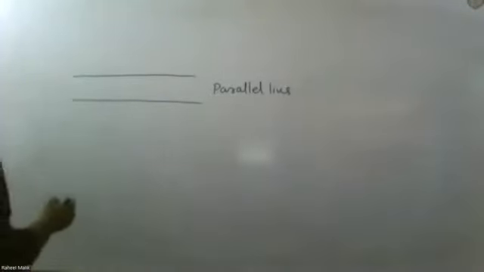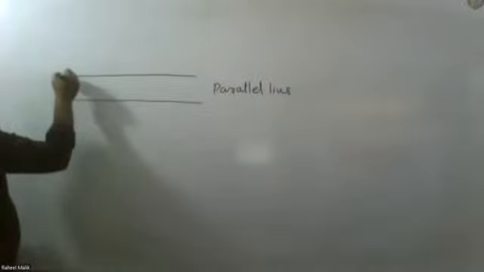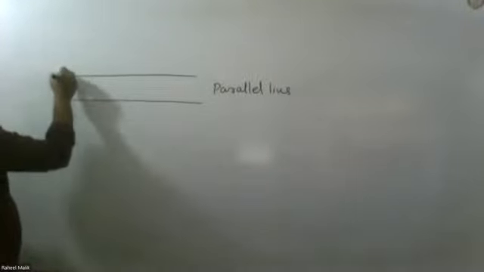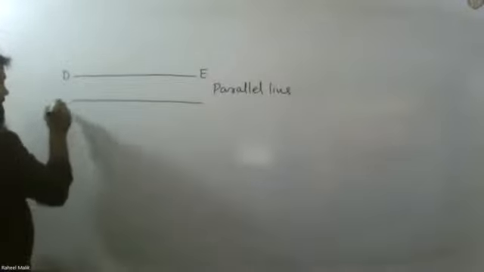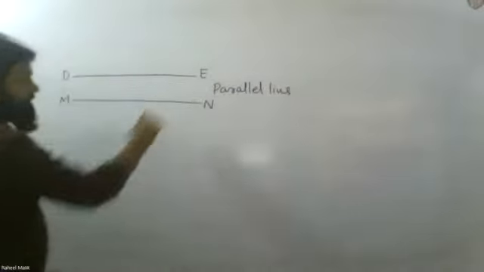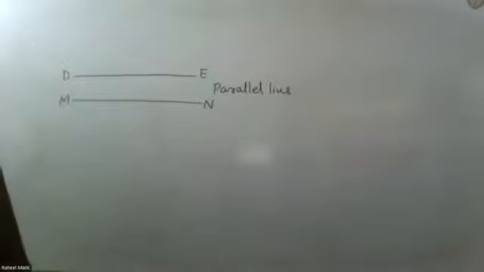Now, if I am having some parallel lines over here, and this one is PE, and this one is MN, these are the two parallel lines which I am having.